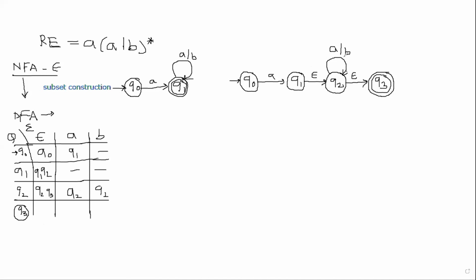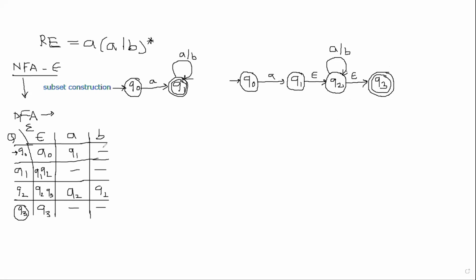So Q2 with A reaching to Q2, Q2 with B reaching to Q2. Now from Q3, there are no A, B transitions. Only one transition, with epsilon, it is reaching to itself. So Q3 will reach itself with null move. So this is the table that we have drawn by using the automata.